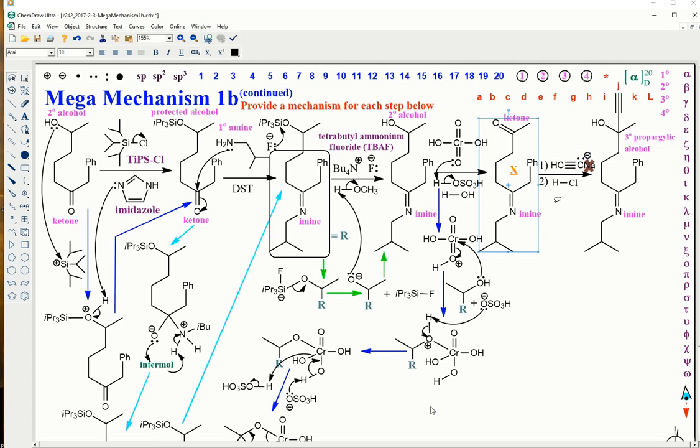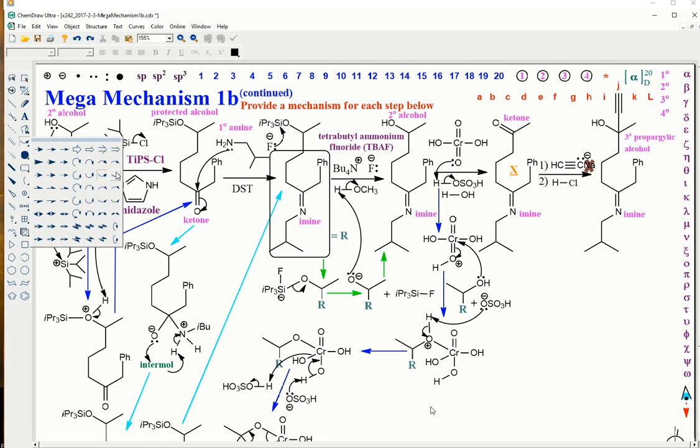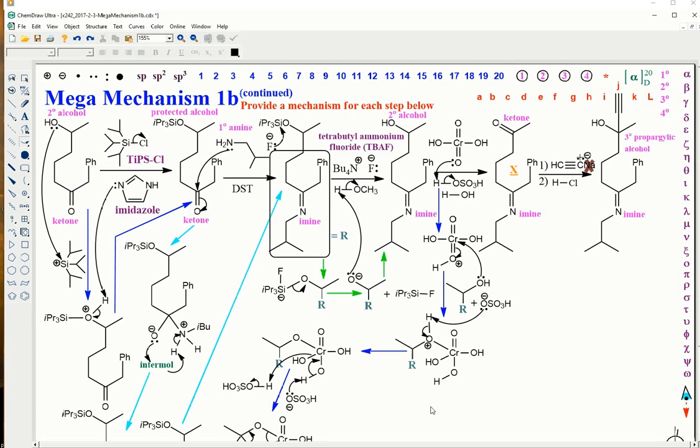Acetylide ion has a spectator ion. It's a strong nucleophile, and it is attracted to the carbonyl carbon of the ketone. It will be attacking that carbon shortly. Don't like that arrow. A little better.